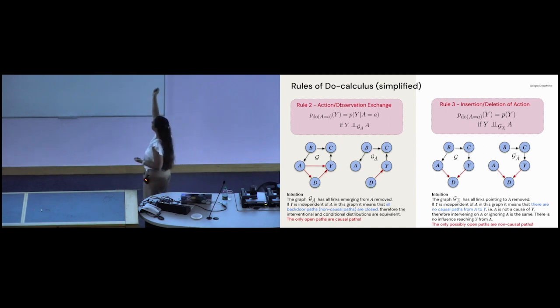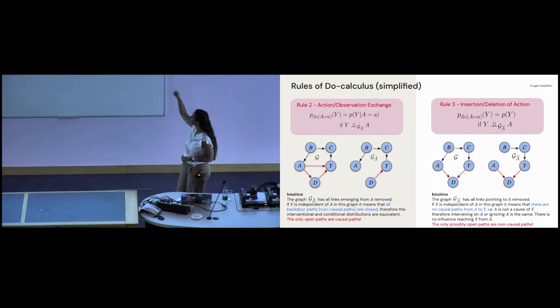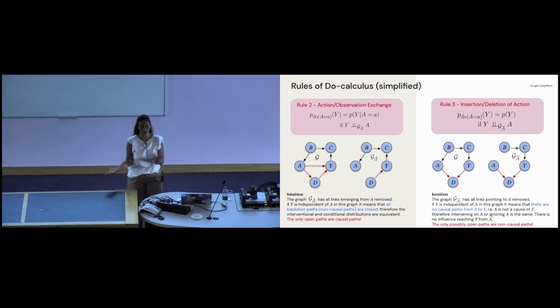Well, you can check again the independence of Y, given the dependence of Y on A, in this additional graph, which is G with overline A, which is the graph in which we remove the incoming edge into A. And so the intuition behind this is that if Y is independent of A in this graph, it means there are no causal paths from A to Y. So I've left the direct paths, the paths that are emerging from A, and if A is independent of Y in this graph, that means that all directed paths are blocked.